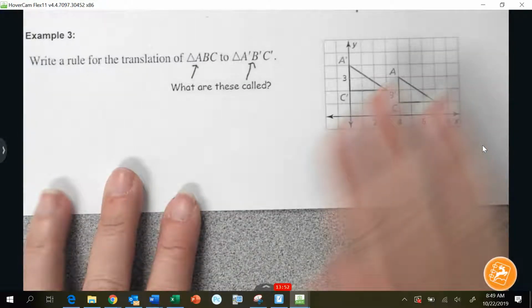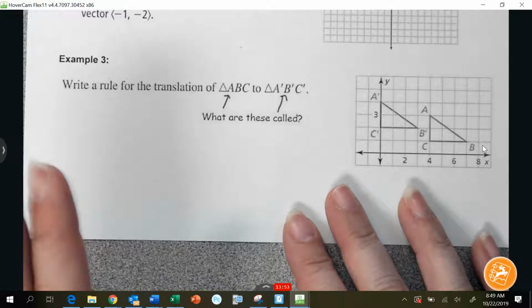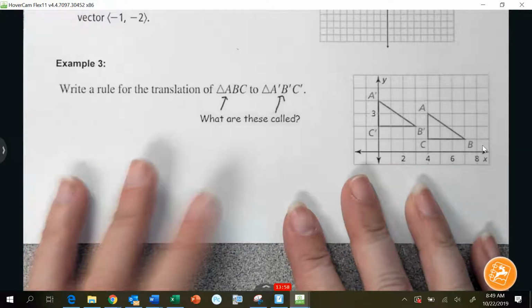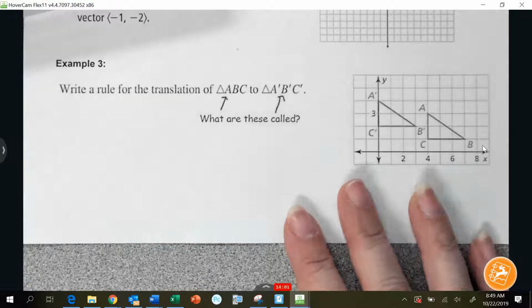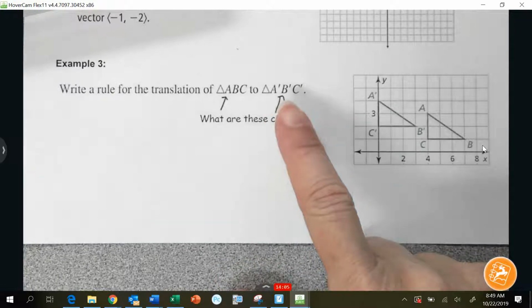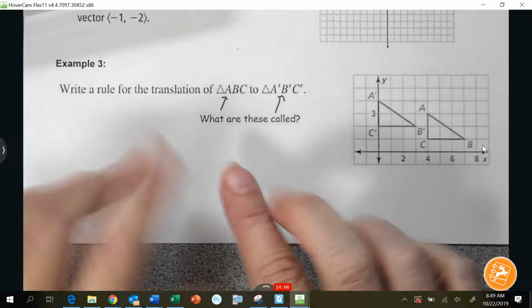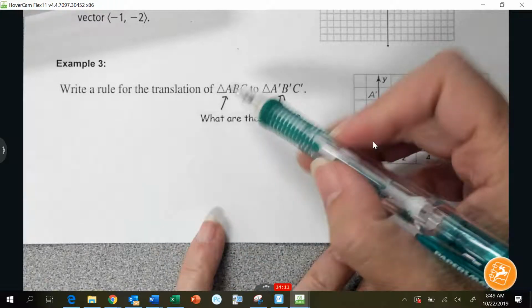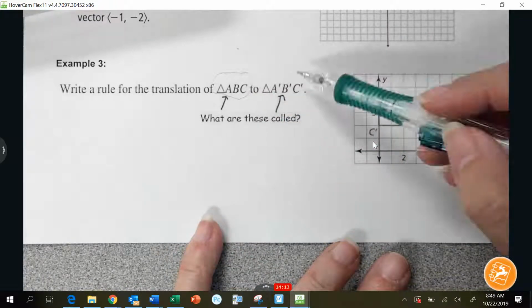Write a rule. So you haven't seen this yet today, so if you're writing your rule, write a rule for the translation of triangle ABC to triangle A prime, B prime, C prime. First of all, what are these called? These things separately.